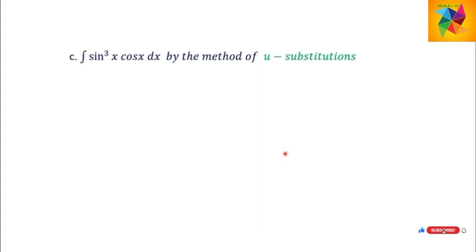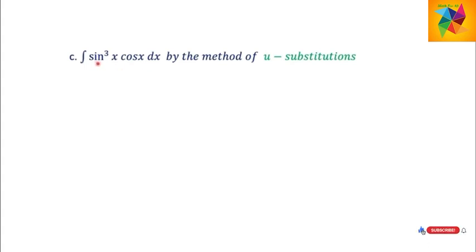Okay, let's try this problem. Again, this problem can be done in a couple of different ways, but we are using only u substitution in this lesson. So if you look at the problem closely, you have something raised to a power, in this case sine x raised to the 3rd power, multiplied by cosine x dx.